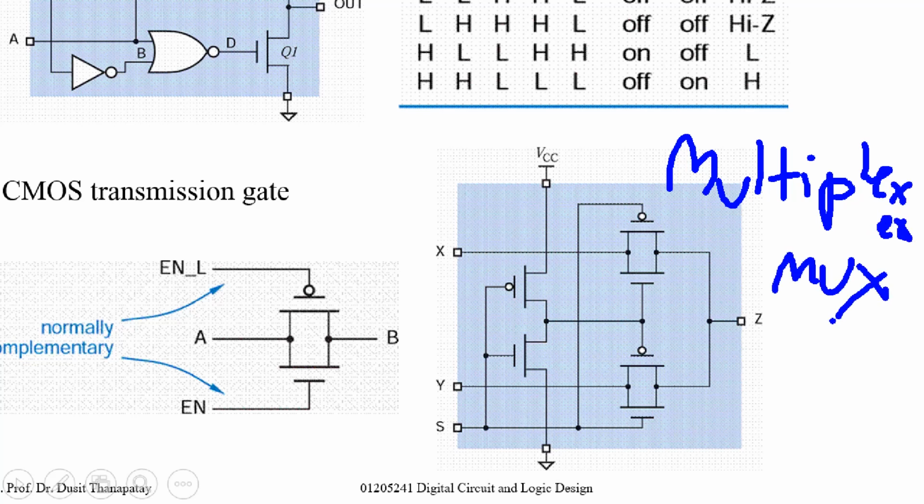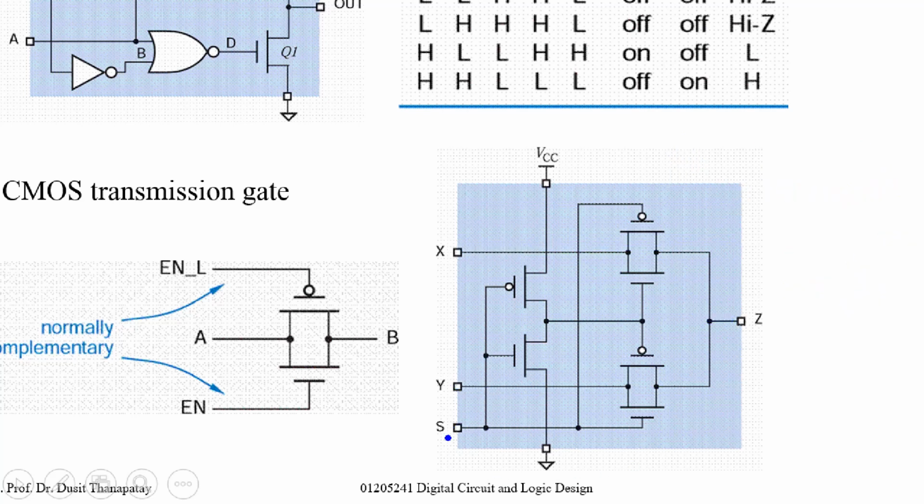You have a selector signal S to select which input can go to the output. Okay, just select. By the result of the circuit analysis, when S is 0, output Z will be the same as input X. And when S is 1, your output will be connected to Y.